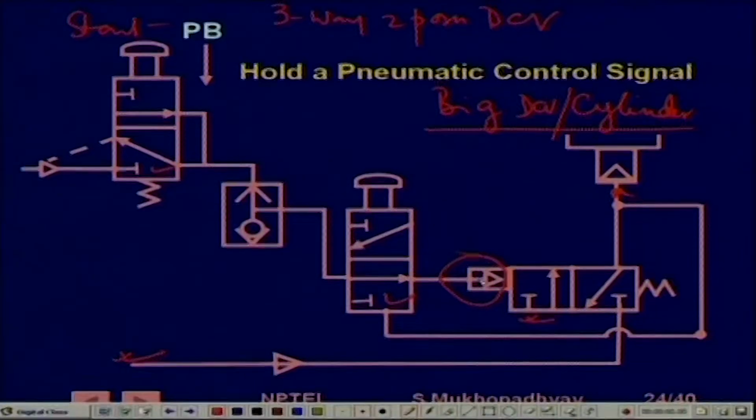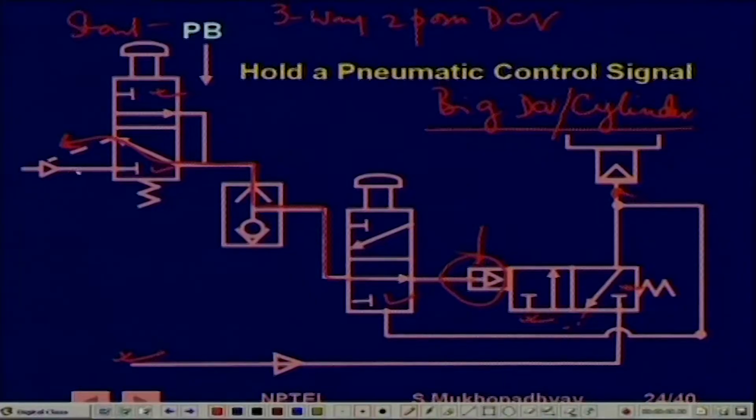So this is directly connected through this to discharge. So there is no pressure here, and therefore this pilot is also connected to exhaust. Alright. Now suppose the start PB is pressed, so then it will be in this box.